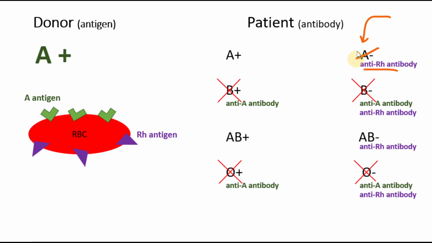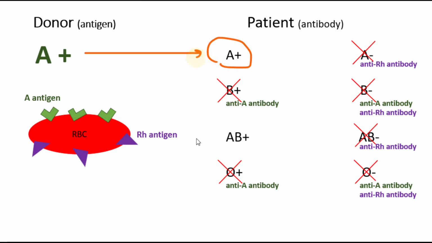So quickly I eliminate all the negative blood types, and then I am left with 2 patients that both of them accept receiving A positive. Obviously, A positive blood type accepts receiving the same blood type, and also AB positive patients accept blood from a donor who has A positive blood type.